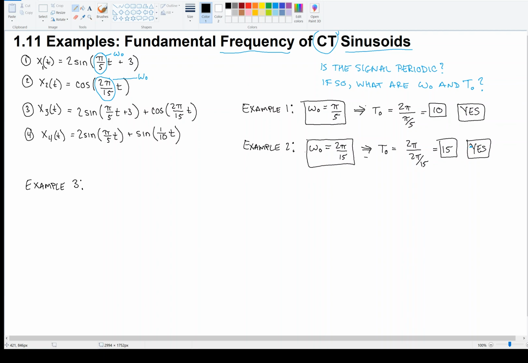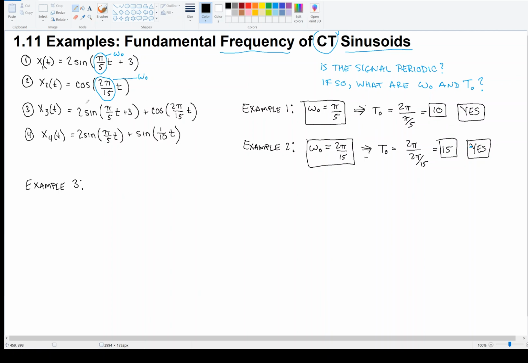I have the same 2 examples added together now. So we know that the first component of this signal repeats every 10 units of time, and we know that the second component of that signal repeats every 15 units of time.